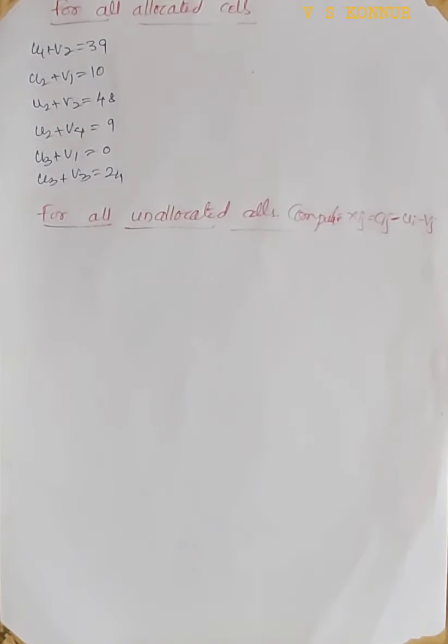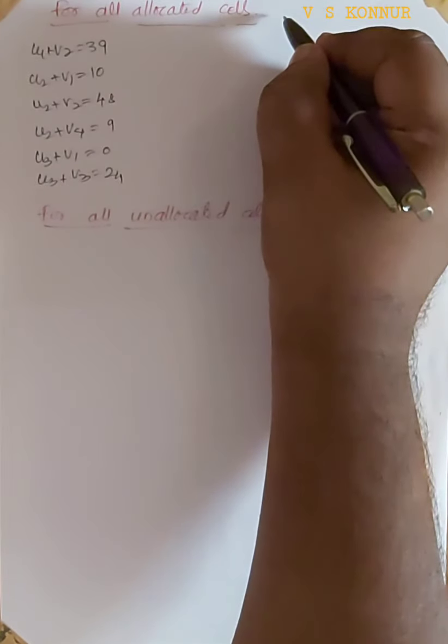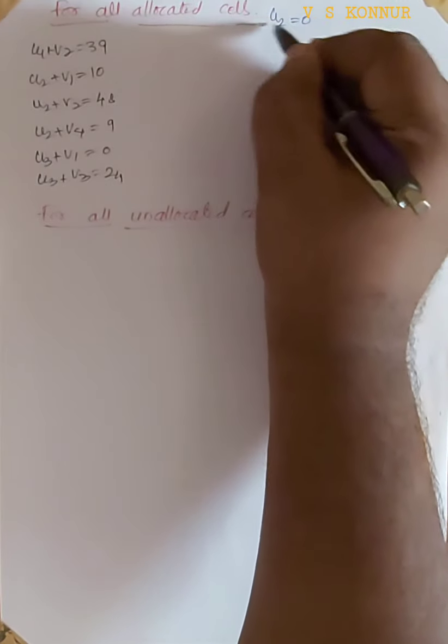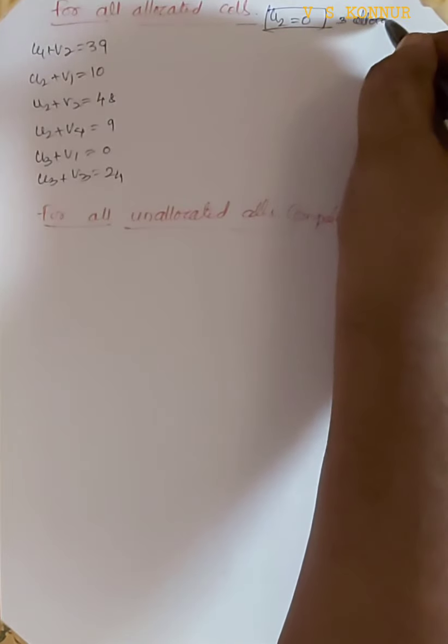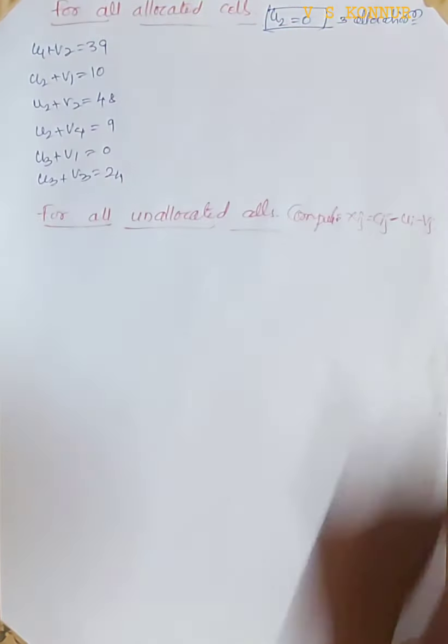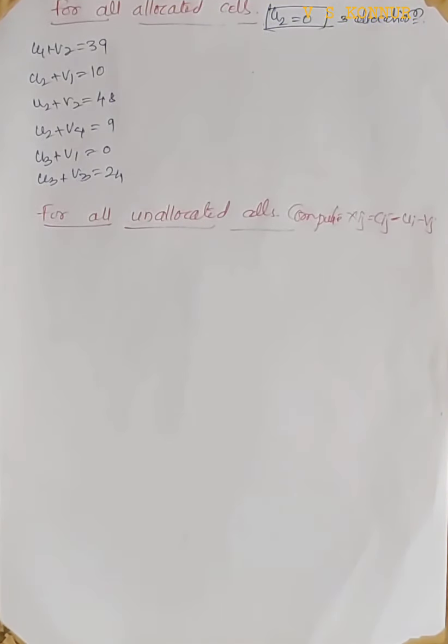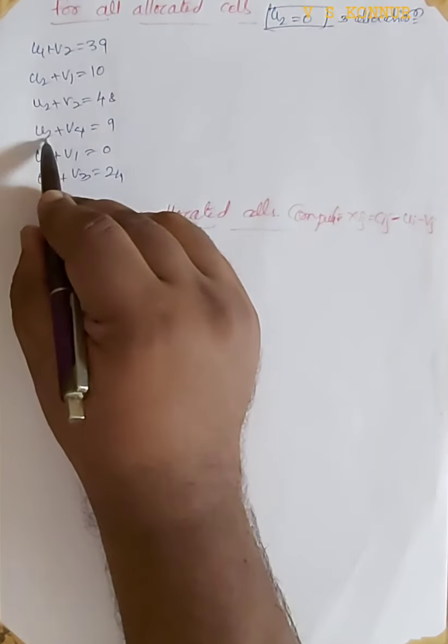These are the 6 allocated cells from the matrix. Now equate U2 equal to 0 because it has the maximum allocations, 3. So we equate U2 is equal to 0, wherever U2 is there.